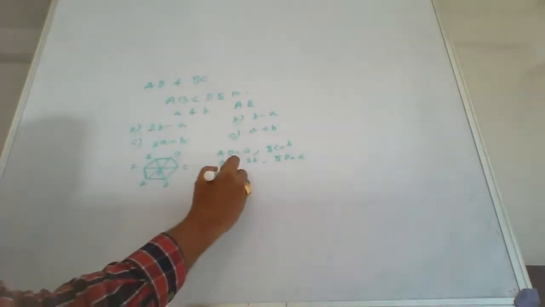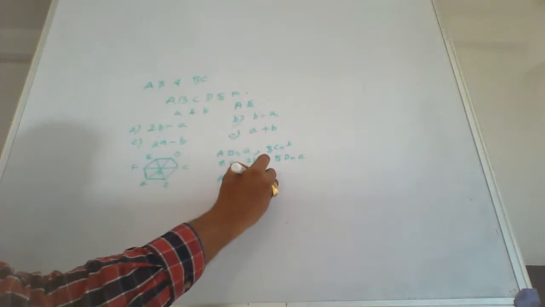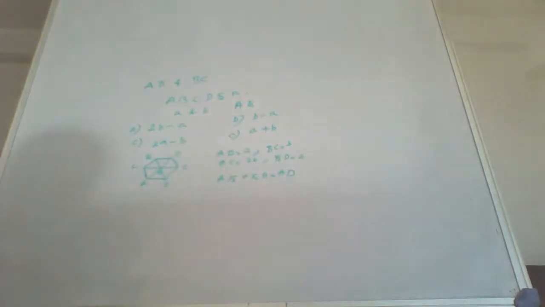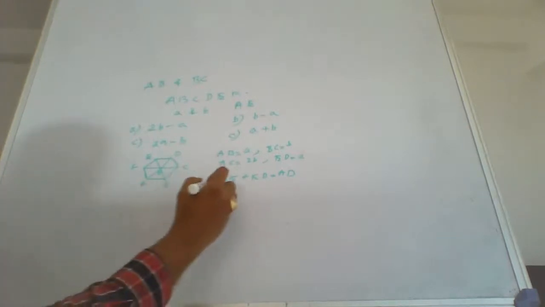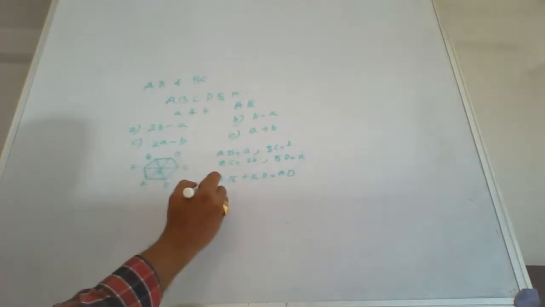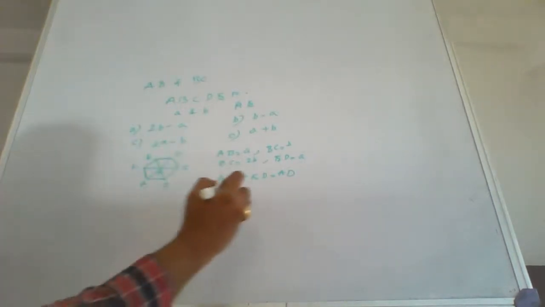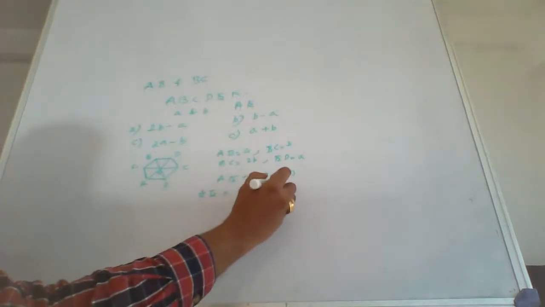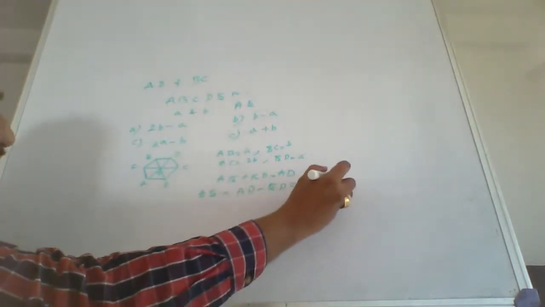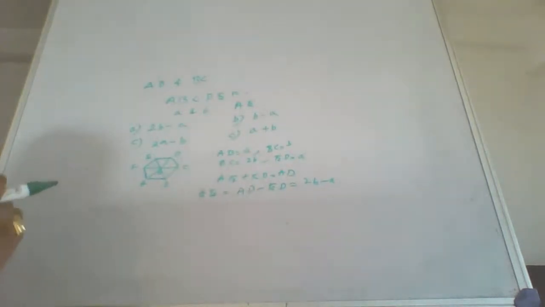We have the formula AE plus ED is equal to AD, so AE is equal to AD minus ED, which is 2B minus A. So the solution for this would be A.